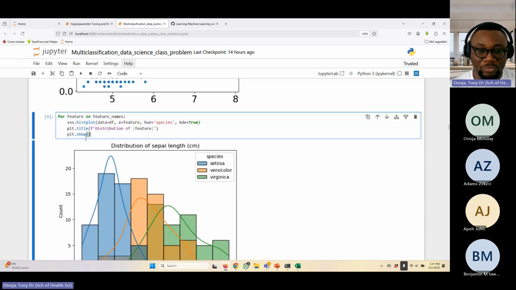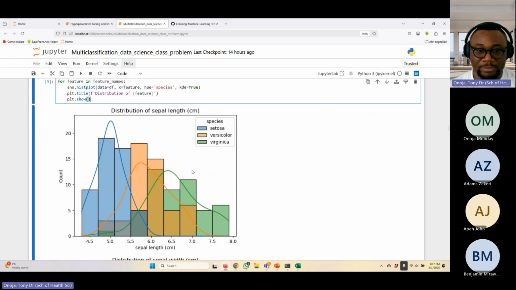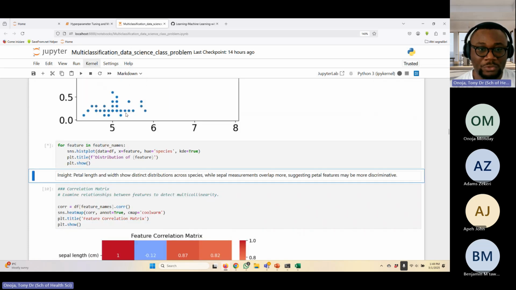Another way we want to see this is, remember I said for continuous variables we use histogram. So we want to look at the species based on the features.